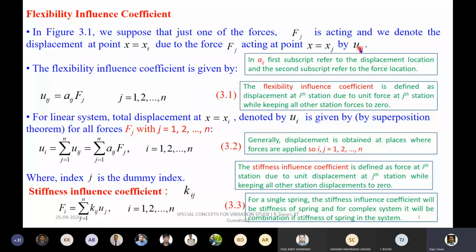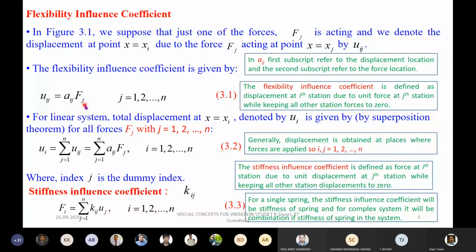So we can relate this displacement with the force by a constant aij. So aij is a constant which relates the displacement at the ith location because of force at the jth location.